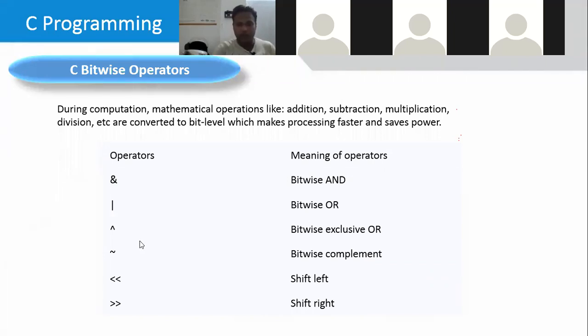The caret operator is called bitwise exclusive OR. Then tilde means negation, for NOT we use tilde. Then the shift operators, left shift and right shift. So these are the different operators which work on the bit level.